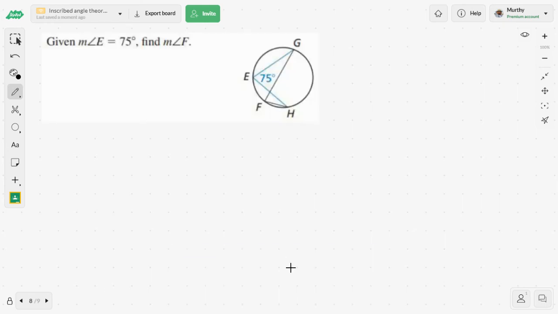It's a straight question. The question is, what is the measure of angle F? This one. As I mentioned just now, angle E and angle F, that is GEH and GFH, have the same starting point and same ending point, right?